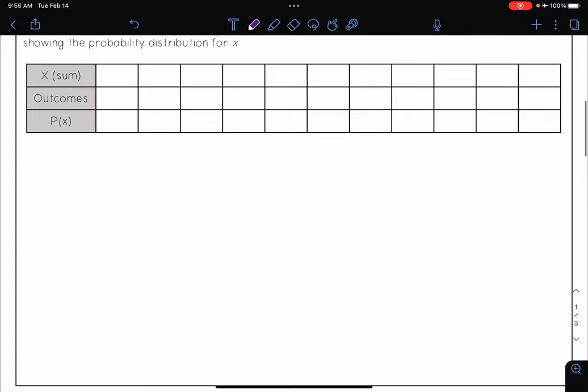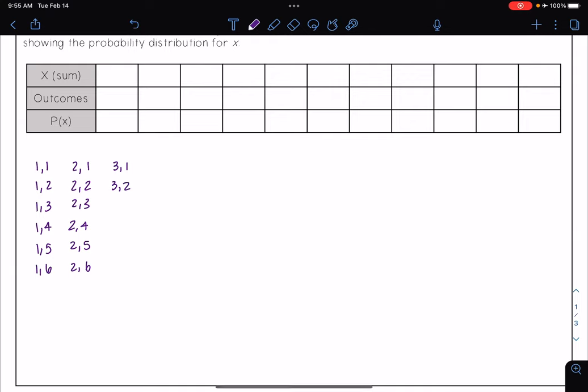So I'm going to go ahead and just write down all of the different possibilities you can roll. So I'm rolling two six-sided dice. Let's say the first roll is a 1. Then my second roll could be a 1, 2, 3, 4, 5, 6. My first roll can be a 2. All right, and then I can have 1, 2, 3, 4, 5, 6, and just continue in that pattern.